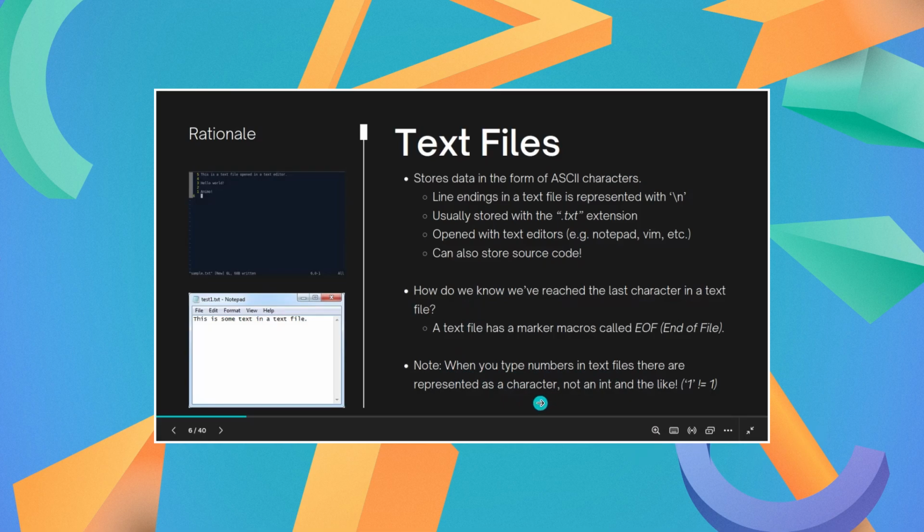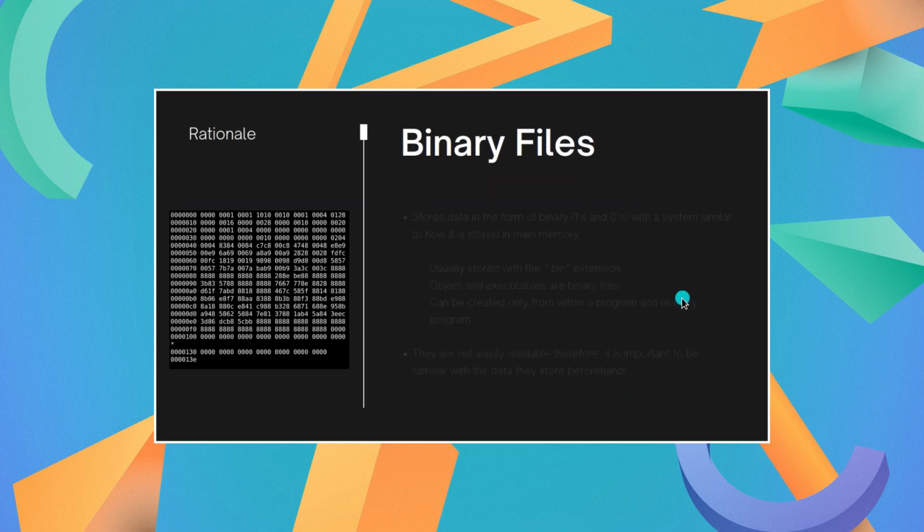We're not representing them as an integer, so when we've inputted 1, 2, 3 inside a file, we're not putting the integer equivalent of 1, 2, 3. Rather, we're putting the character equivalents of 1, 2, and 3 in our text file.